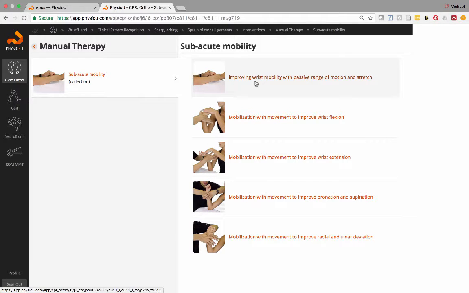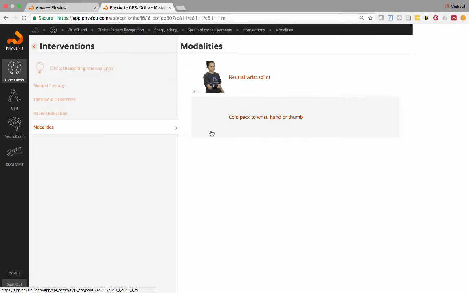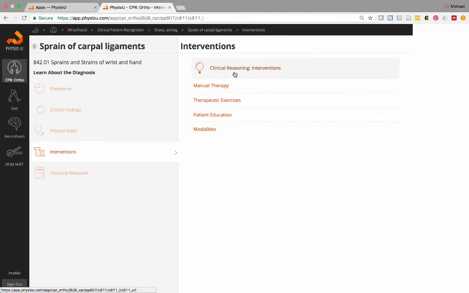Now notice that we've labeled this as subacute mobility because in the acute phase, typically we would be using our modalities and putting the tissue that is affected in a neutral wrist splint, using ice, getting the tissue to calm down, immobilizing it, and then restoring mobility later.